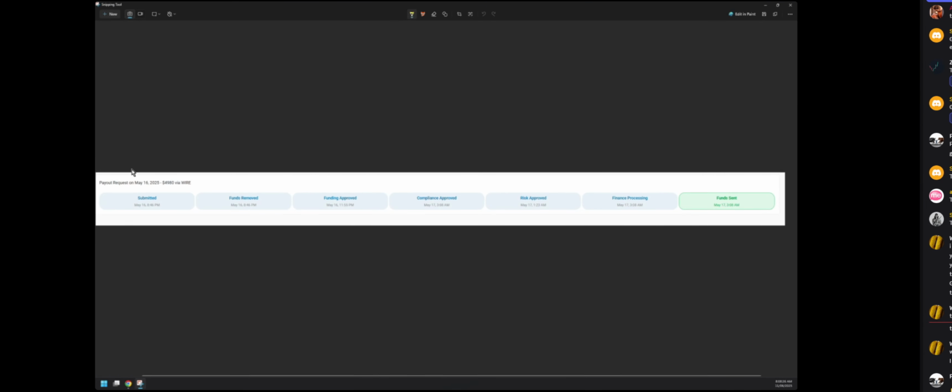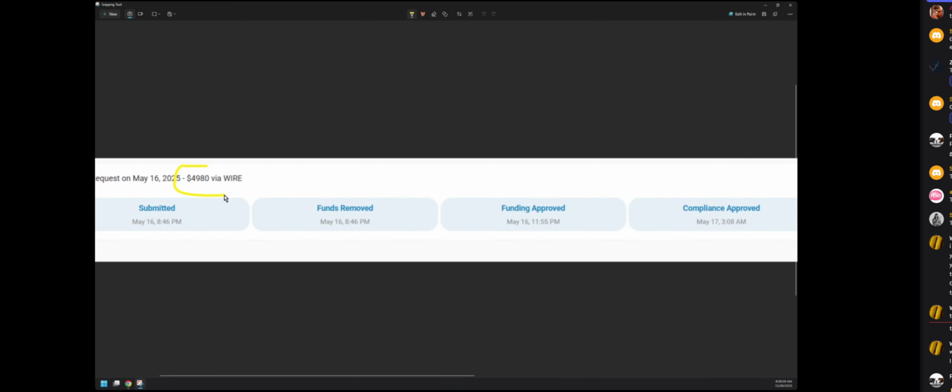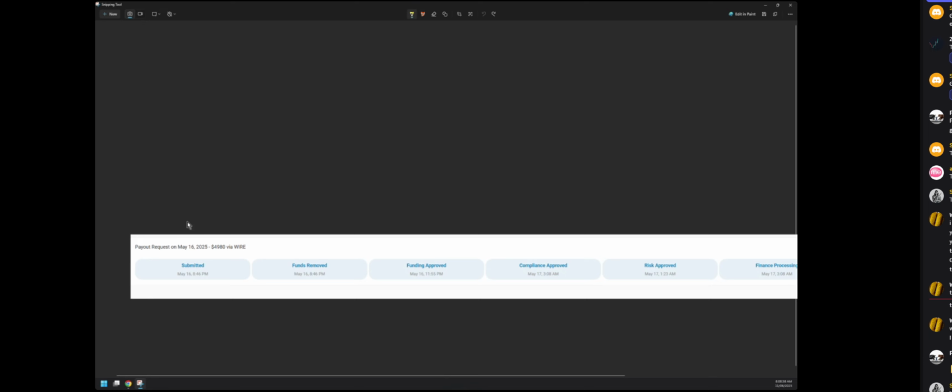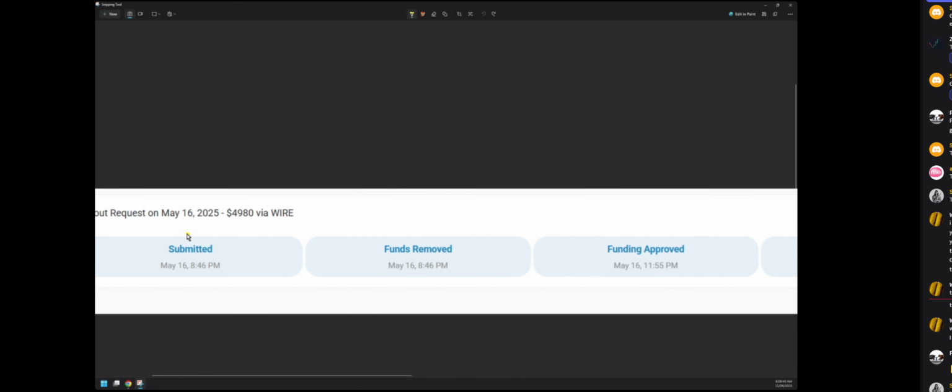The 16th May, I requested it. $5,000, but like a $20 charge for the international transaction, or I don't know, whatever it is. Same, I get the same. Submitted on Friday morning, 8:46 p.m., so Asia time, Friday. Fund removed 8:46, approved the same day.